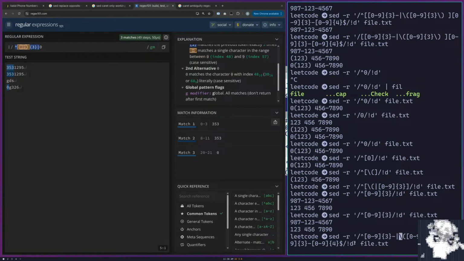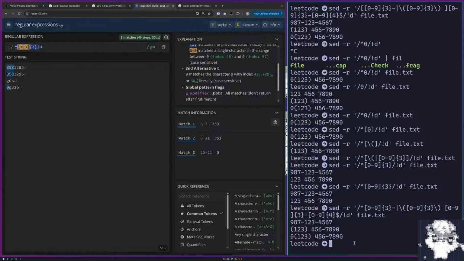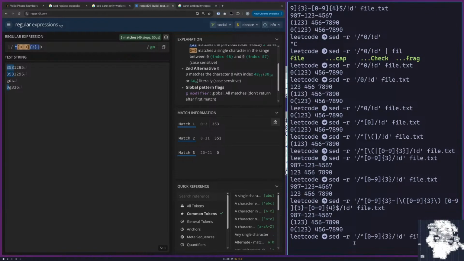If I remove the outer square braces, how does it know?